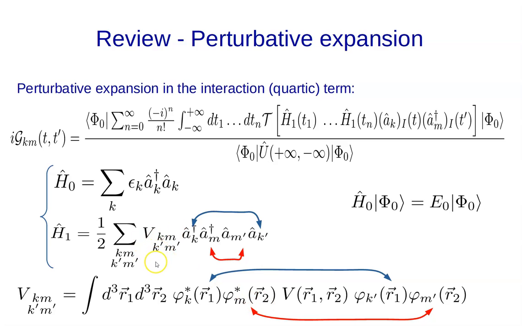Okay, so this will be important when you draw Feynman diagrams of interaction lines. K and K prime, the first column here, is at a given position, and M and M prime are at another one.